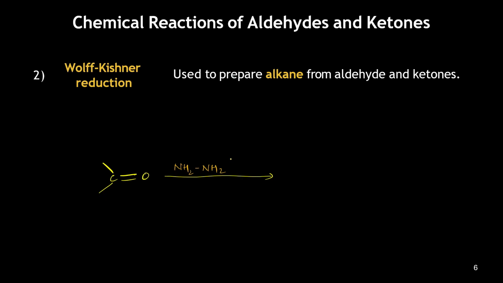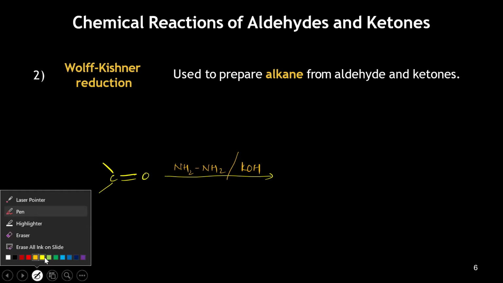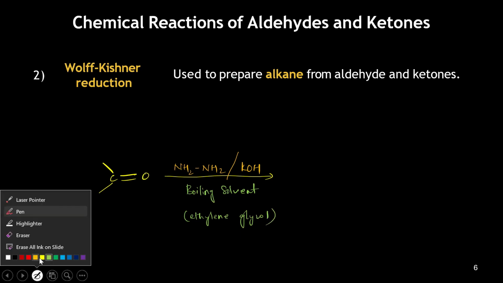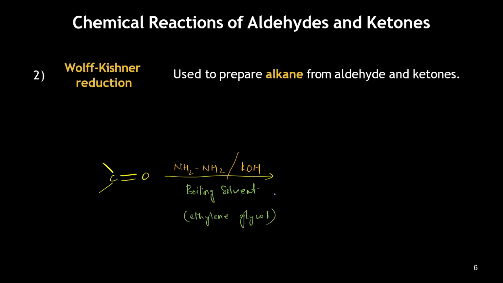And a strong base, potassium hydroxide, and you also need to supply a boiling solvent, ethylene glycol, so that it will produce the hydrocarbons.